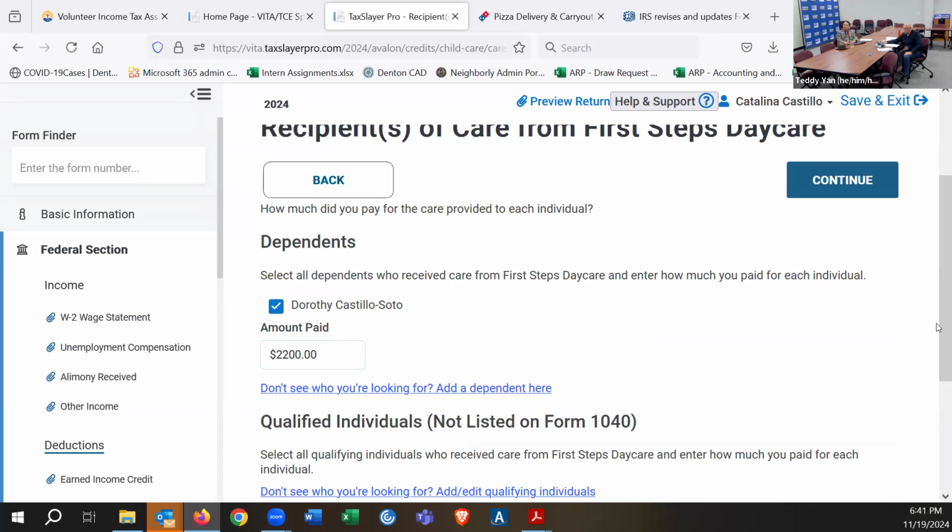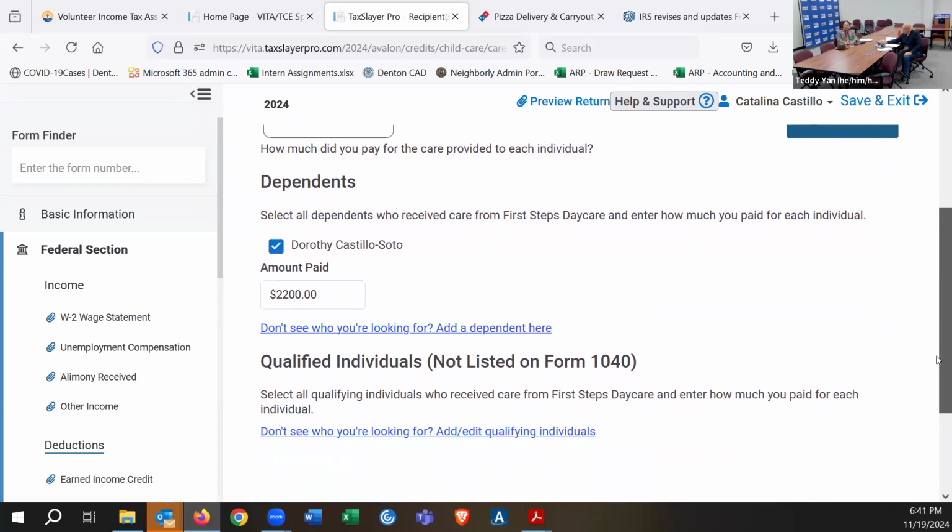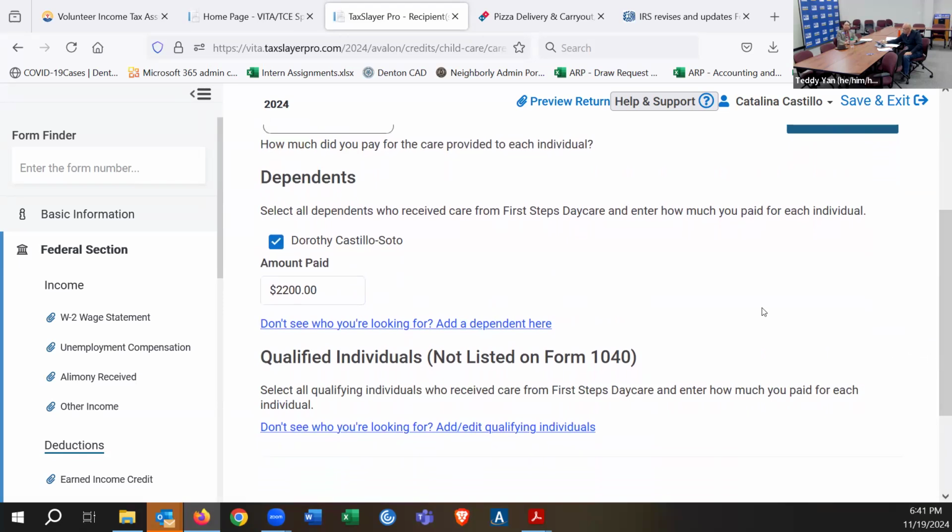If you don't see the person that your taxpayer is trying to claim for child and dependent care expenses, that means either they are not actually qualified or you have misconfigured one of the criteria. Maybe you have the birthday wrong or birth year wrong. Maybe something's been checked that should not have been checked, like she earned over $5,050.